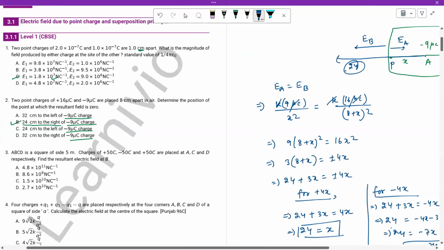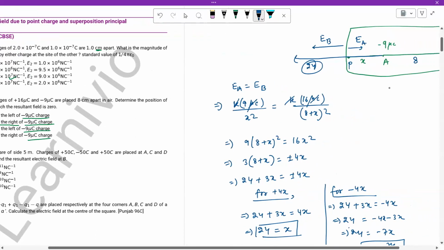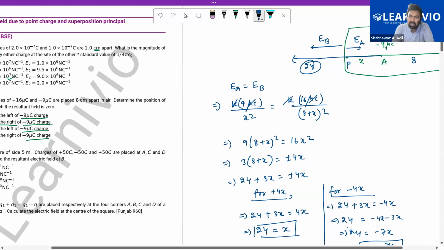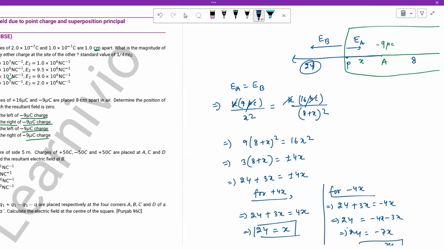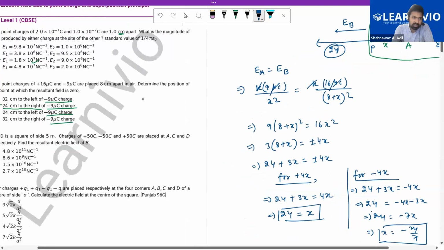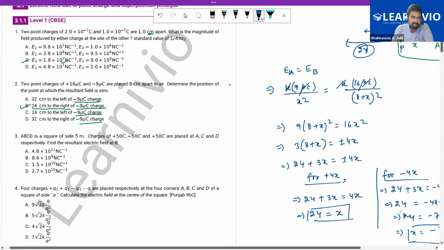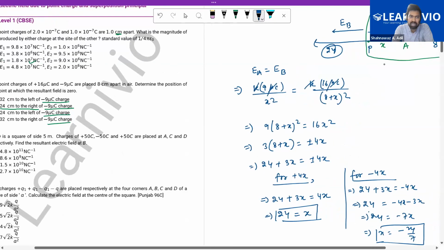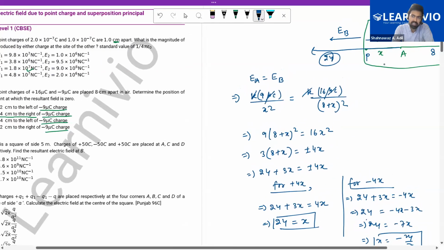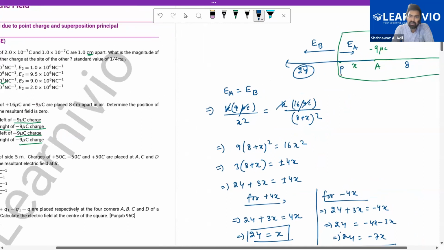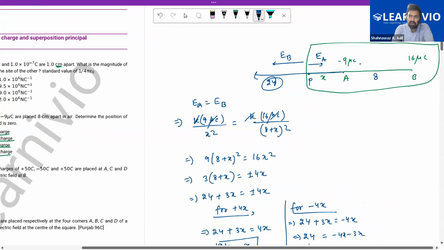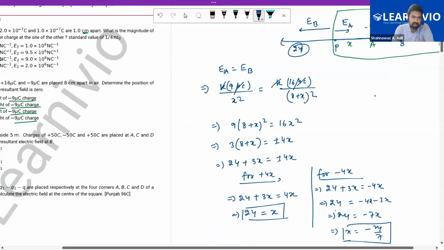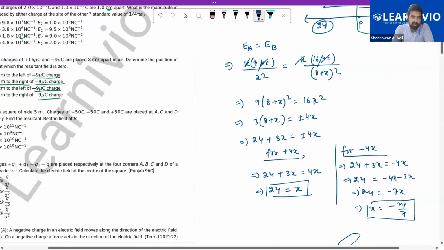If we choose this, that would be left, because if we change the position of these two charges, right and left will change. If I write 9 coulomb in here, left would be this and right would be this.